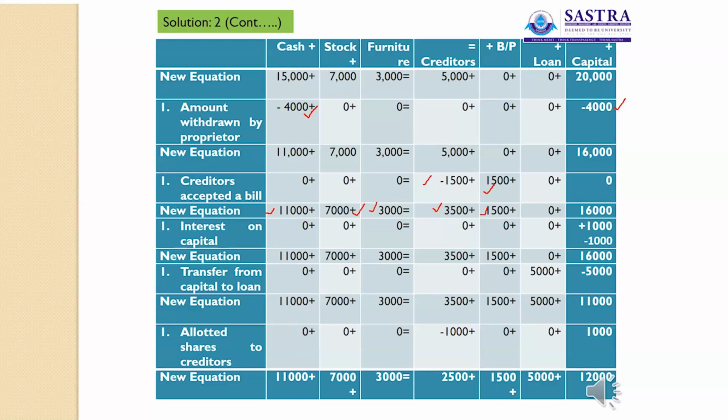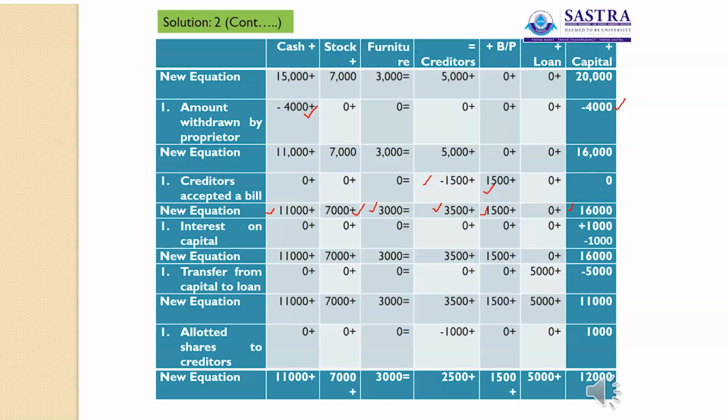So here 16,000 is the value of capital. So what is the total liability value? 3,500 plus 1,500, 5,000. 5,000 plus 16,000, 21,000. So that value is 21,000. Here 11,000 plus 7,000, 18,000. 18,000 plus 3,000, 21,000. So now the accounting equation is proved.